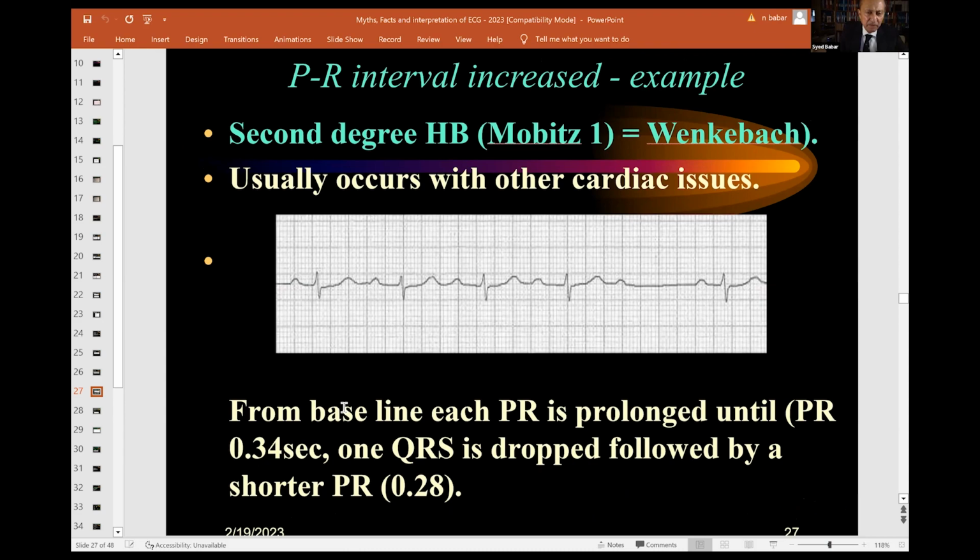So as you can see, from the baseline, each PR is prolonged until PR 0.34 second here, and then there is a QRS dropped in this part, followed by a shorter PR interval.